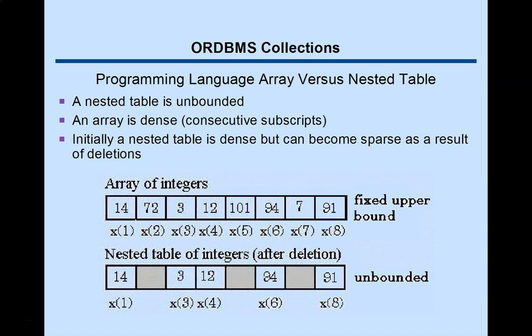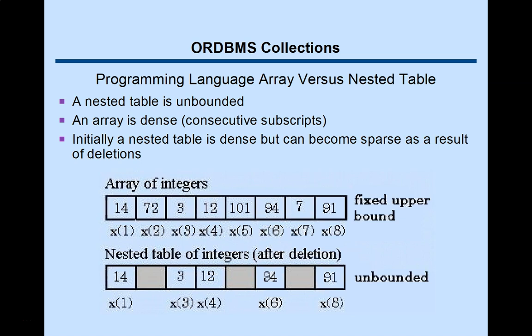Initially, a nested table is dense, but as we had noted previously, it could become sparse as a result of deletion operations. So in our figure here, we give the idea of the array being fixed in size, having an upper bound, but notice it's also dense. Every cell is identified and in this case populated with an integer value.